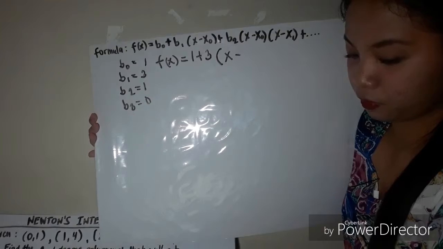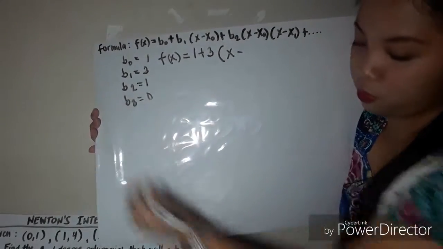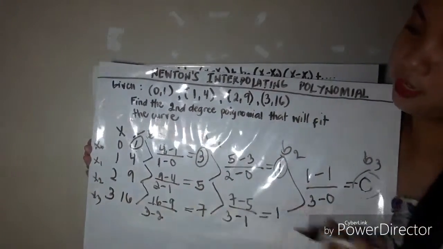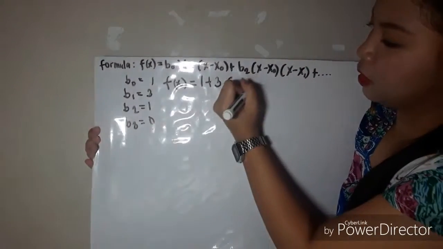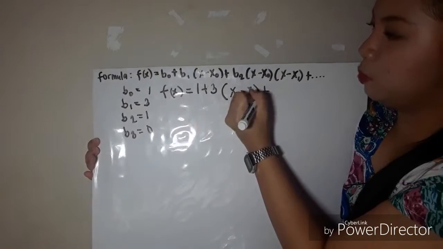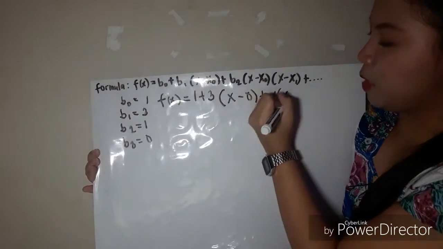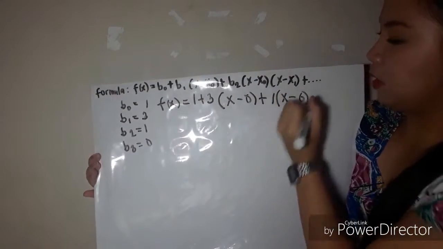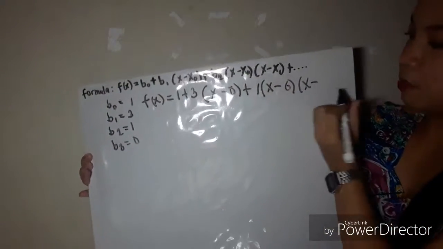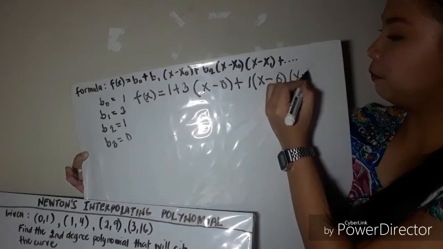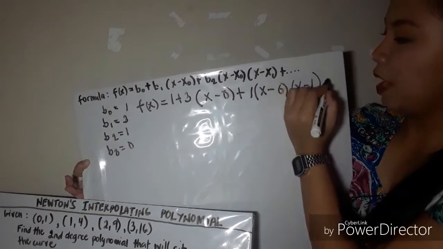Remember that x sub 0 is 0. Then plus b sub 2, which is 1, multiplied by x minus x sub 0, which is 0, times x minus x sub 1, which is 1. Plus and so on.